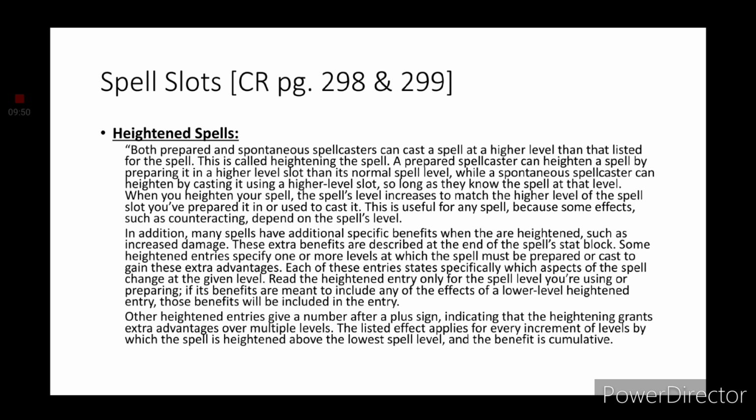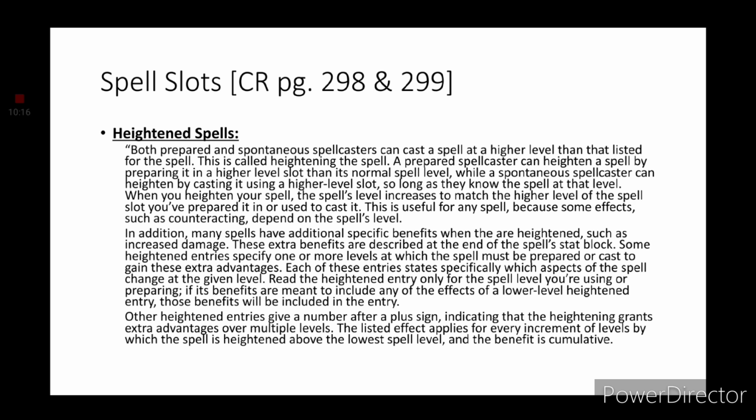This is cool too. This means that, say you are able to cast a 6th level spell, you can prepare your fireball, which is probably a 3rd level spell, at the 6th level spell slot. And another one at the 4th level, another one at a 3rd level, and maybe one at 5th level.